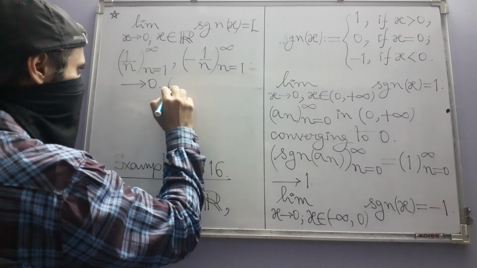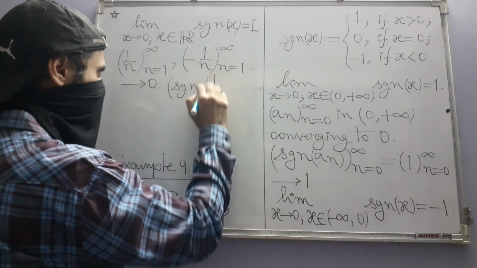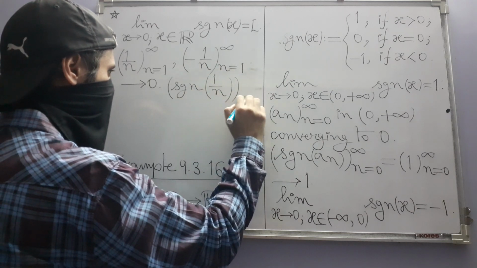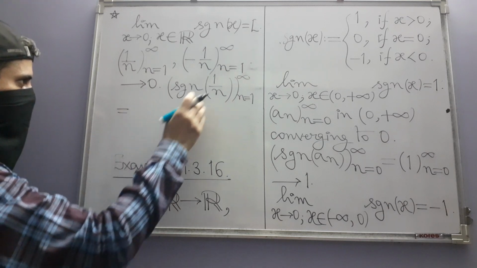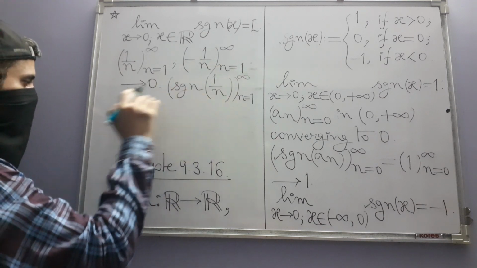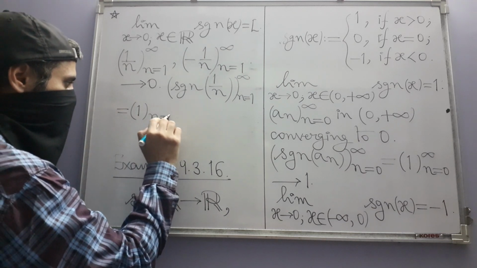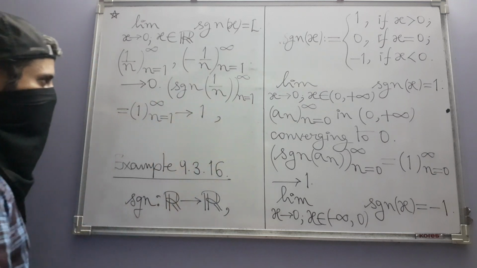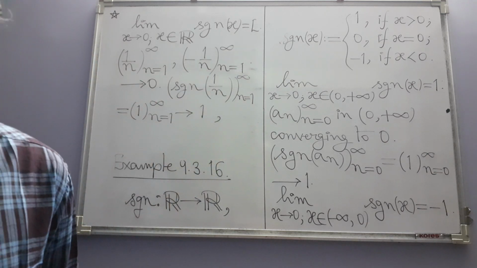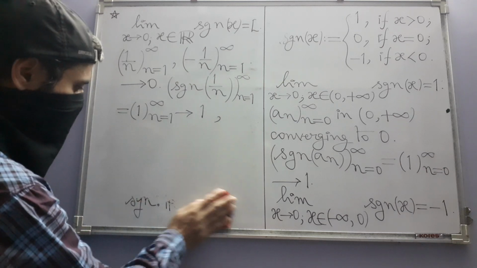One of them is this, which is going to be what? Because all these are positive real numbers, it is the constant sequence 1. And we know that it converges to 1. And what is the other sequence? The other sequence will be the constant sequence -1.